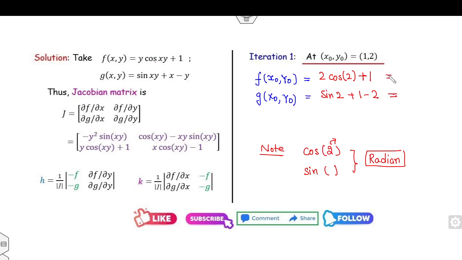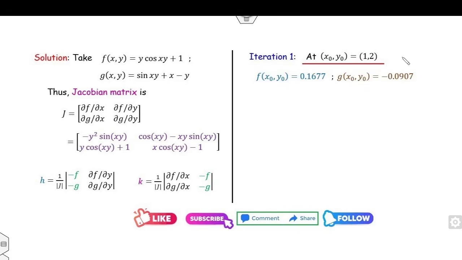And after the calculation you will do all this calculation up to the 4 decimal places. Similarly, you can find the determinant of the J. I can substitute this value as minus 4 sine of 2. Once you calculate the value of sine 2, make sure you calculate in terms of radian. Then again the same procedure, I can calculate the value of the h.